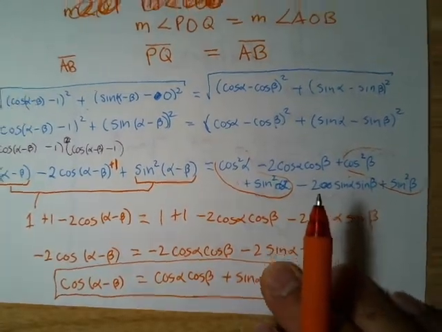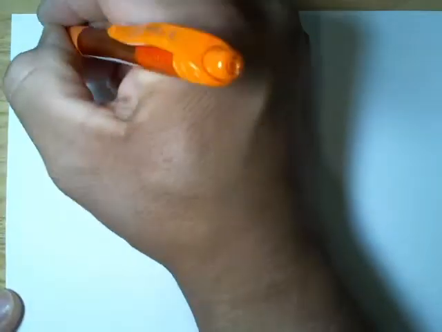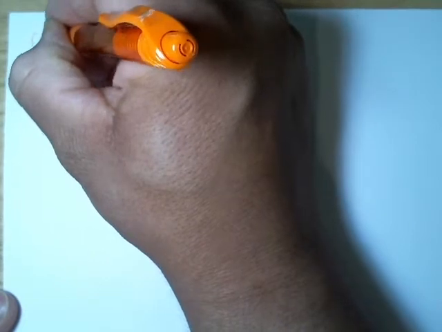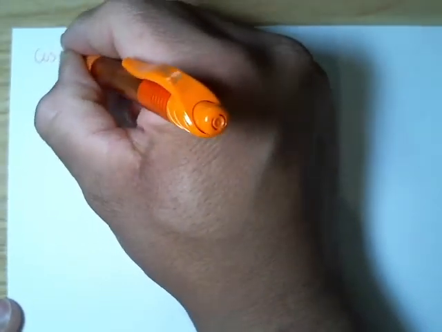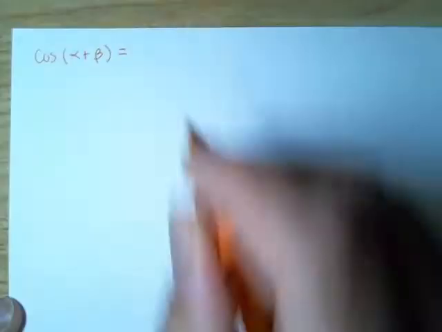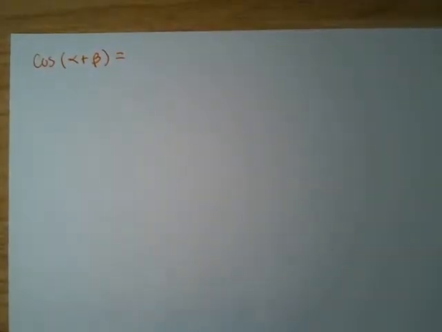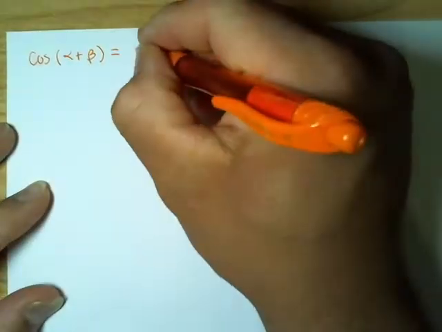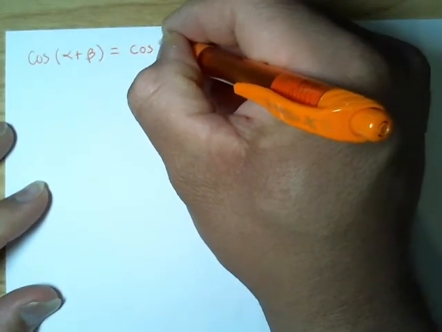All right, so now, what do I do about cosine of alpha plus beta? Well, instead of redoing this geometrically, let's work smarter, right?